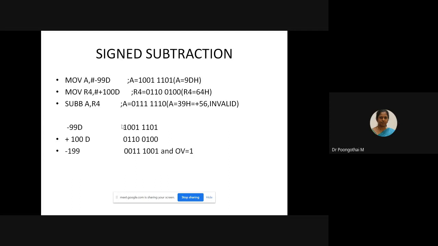So find out. In any signed number addition or subtraction, overflow indicates whether the result is valid or not. Overflow is 0, result is valid. When overflow is 1, the result is invalid.